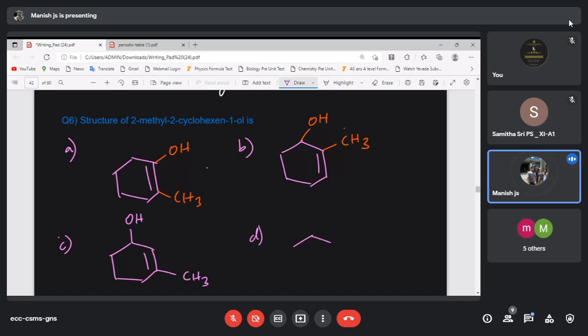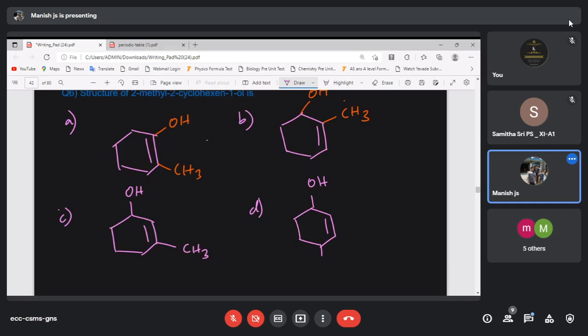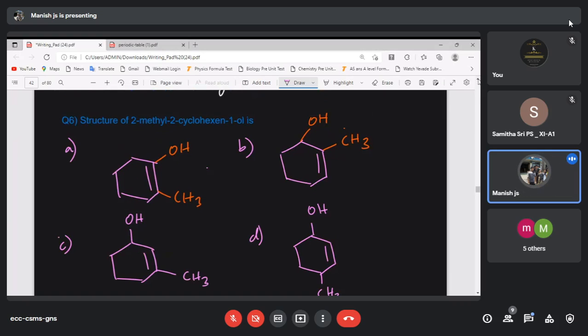Option D. So these are the options. Which is the correct structure of 2-methyl cyclohexen-1-ol?